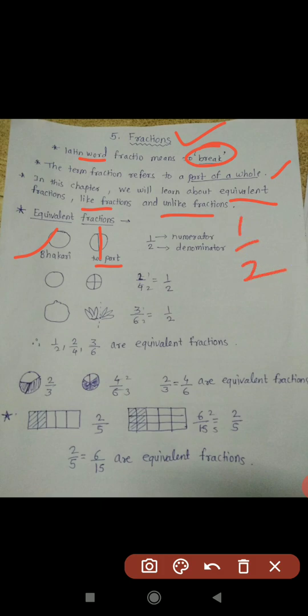How many parts did you take? One part, and that is divided into two parts. So here 1 upon 2. Here that 1 is called the numerator, and the downside 2 is called the denominator.